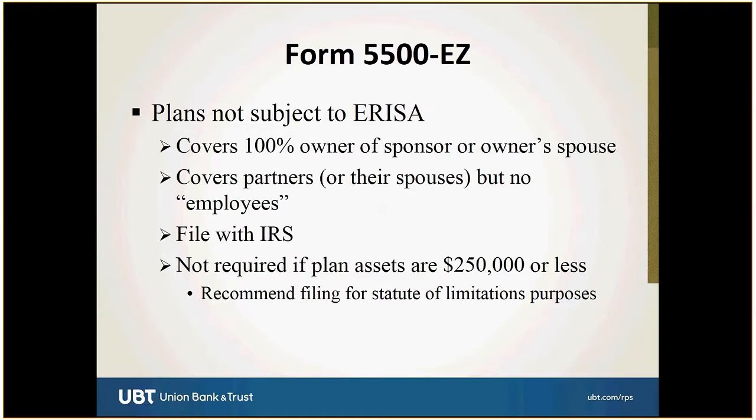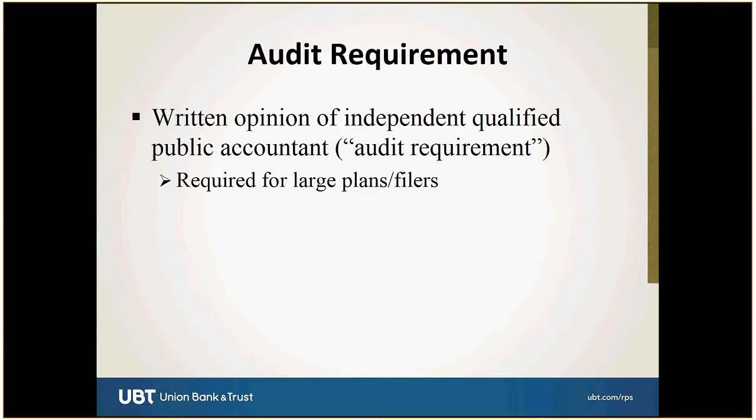As I mentioned last week, we have had success with that program, and it can dramatically reduce the penalties associated with filing a delinquent Form 5500. So if you haven't filed for years, talk to your Union Bank relationship manager and let's get that straightened out.